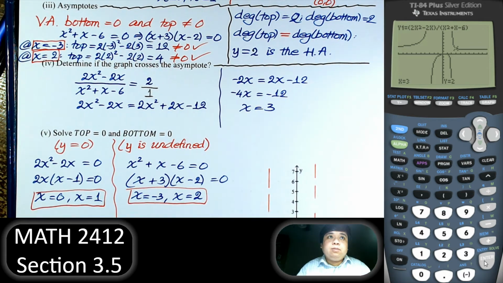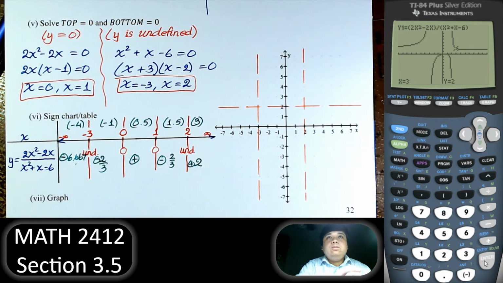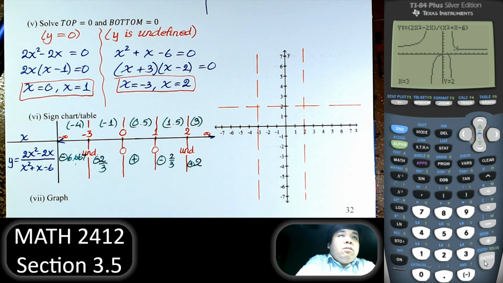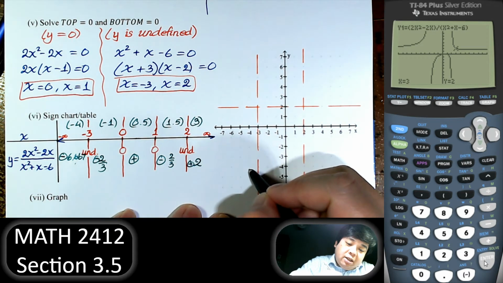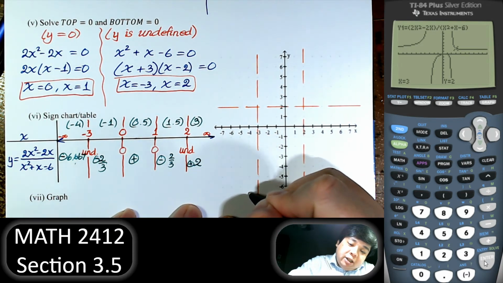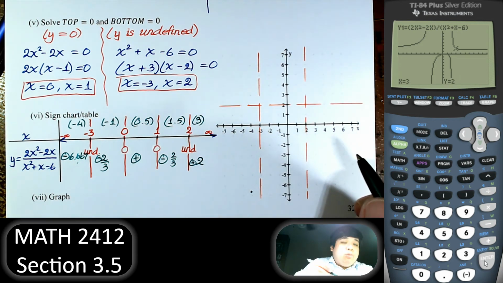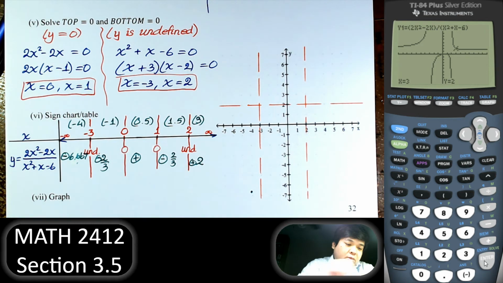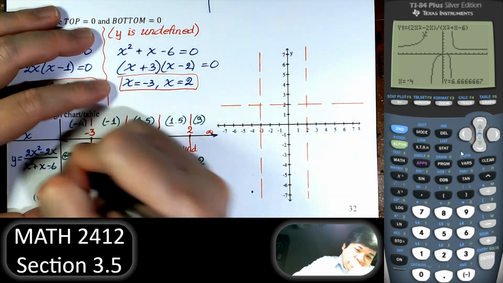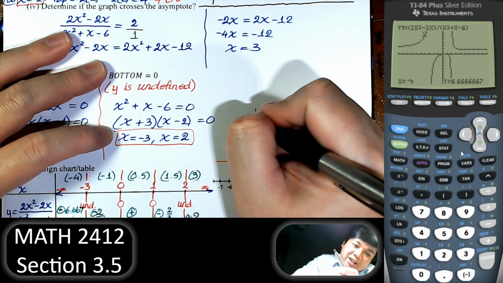Right. And then a few points. When x equals -4, the value is -667, so about here. So wait, -4. So it's positive. Right, way up here.